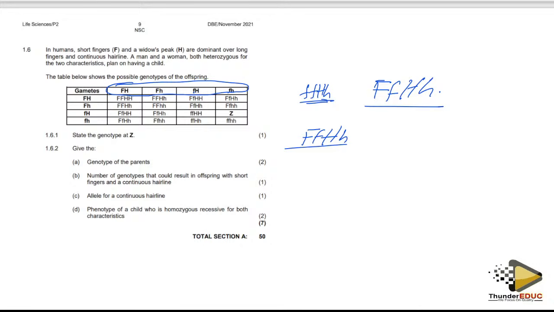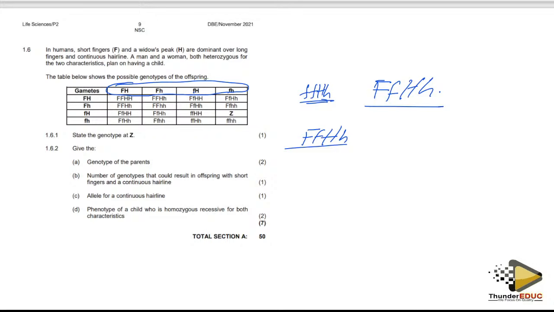So automatically it's supposed to be small letters. I'm going to look for where there is a small h, and also I'm going to look for where there is a capital F. So once I get that, I'll be able to identify how many individuals there are.